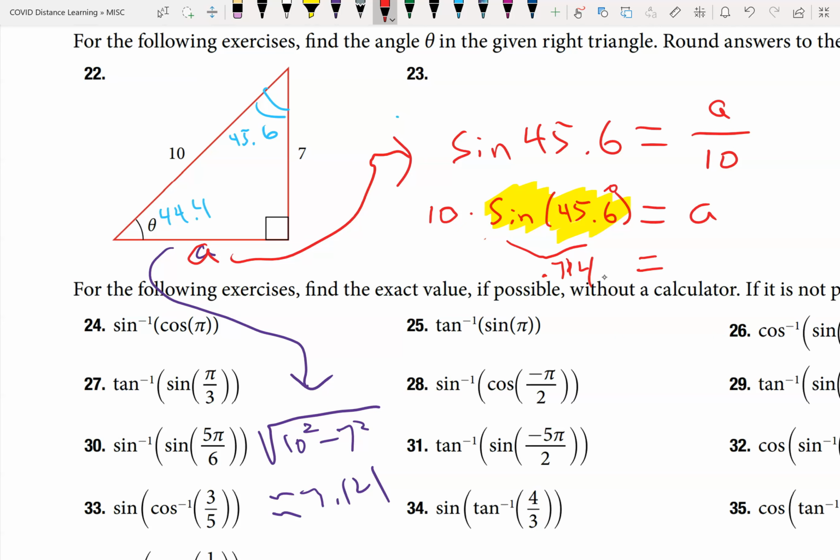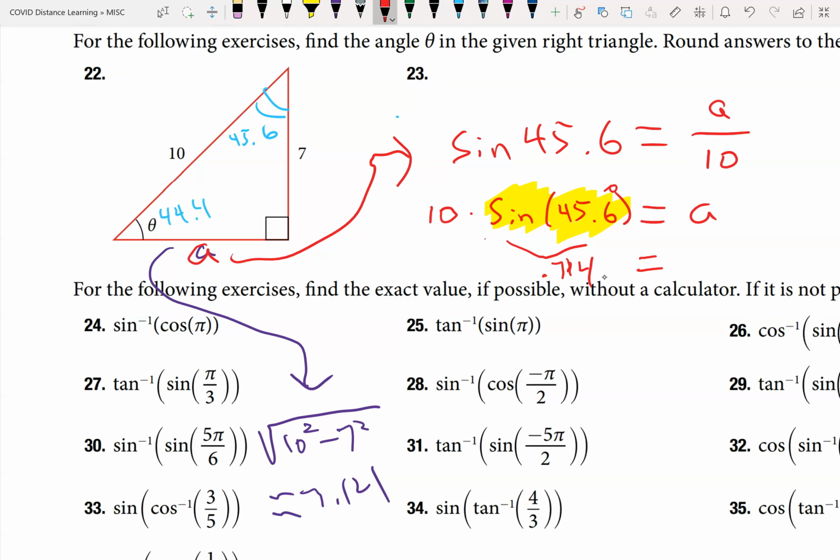Did you get 0.714 roughly? You can turn your calculator sideways, or simply go to Google and search sine of 45.6 degrees, and it should return 0.714 approximately.